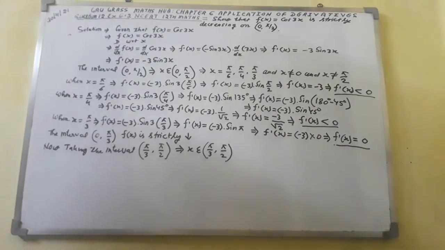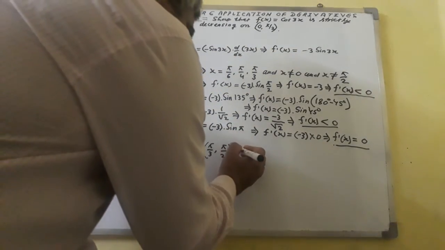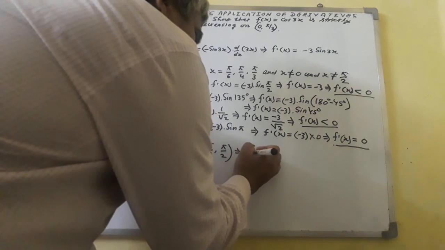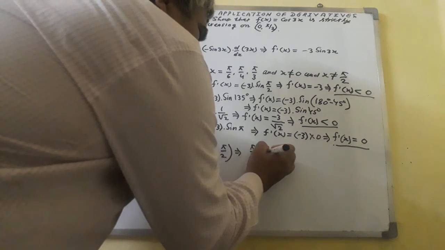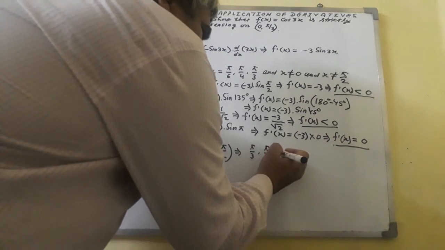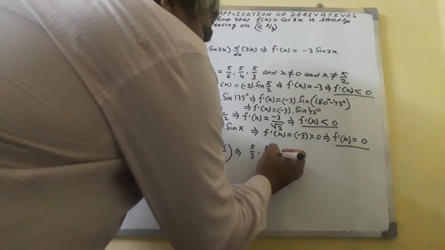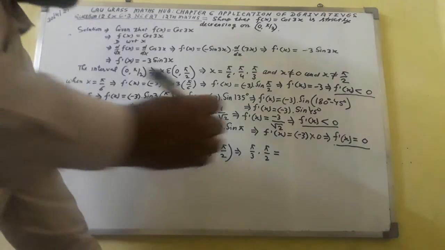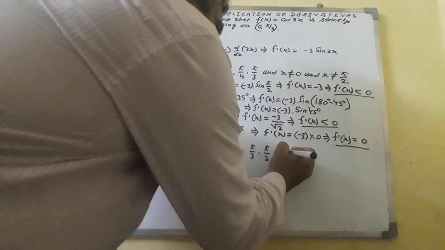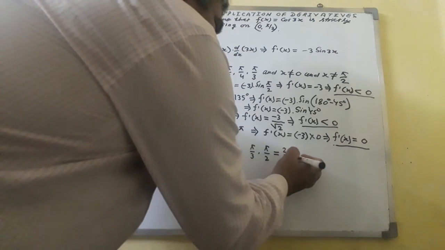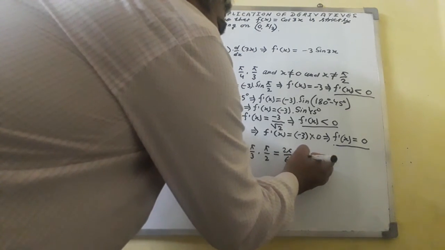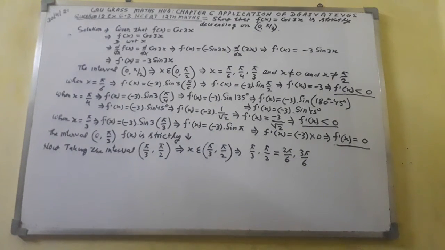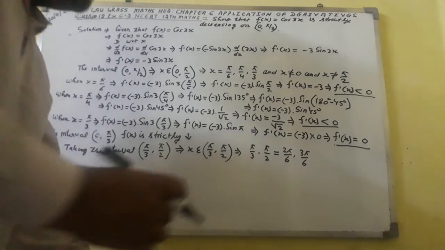So what to do here in this case, here I shall write pi by 3, here write pi by 2. It can be written as 2 pi by 6 comma 3 pi by 6, and it is not included. But what will we do here?